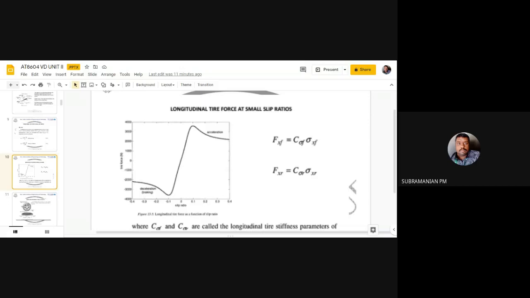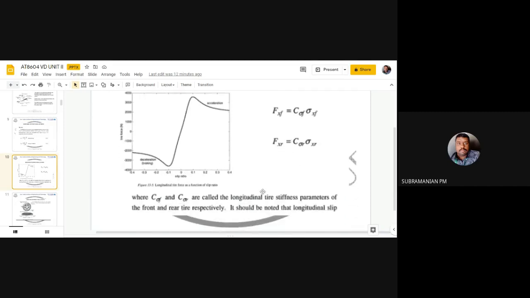It depends upon the property of the tire and will not vary. Only the force varies linearly, and C is the constant. That constant can be adapted in this narrow region, minus 0.1 to 0.1. For every tire we have different stiffness parameters: longitudinal stiffness, vertical stiffness, and lateral stiffness.